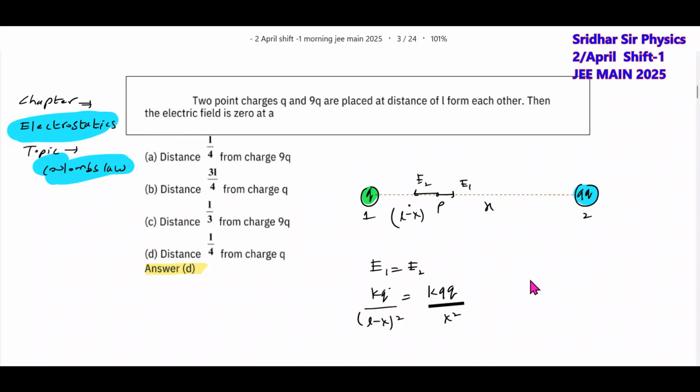KQ will get eliminated. So this will become x square equal to (L minus x) whole square by 9, or x equal to (L minus x) by 3, or x equal to 3L by 4 from charge Q.